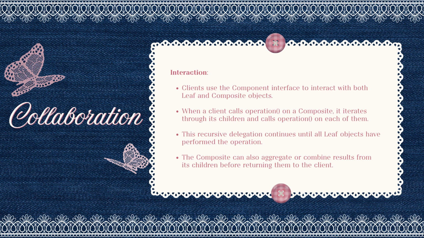This process is recursive and keeps going until all leaf objects have finished their operation. Additionally, a composite can also combine the results from each child before sending them back to the client.